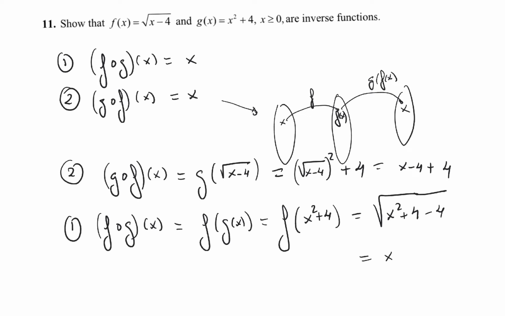So g of x, and now f of g of x. So f composed with g of x is f of g of x. g of x is x squared plus 4. So it's f of x squared plus 4.